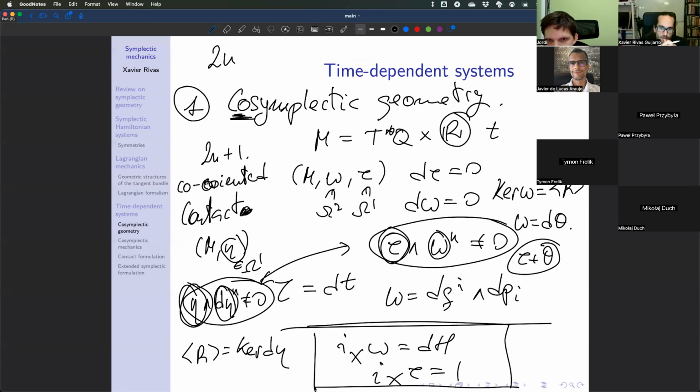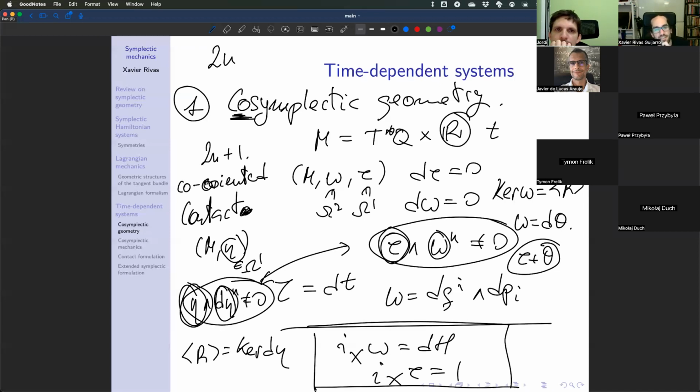This is one of these cases when geometric structures are related, but the formalism is not equivalent. It doesn't matter whether you go from a cosymplectic to a contact or from a contact to a cosymplectic; even if you are able to go from one to the other, the things that are described in one approach cannot be described in an equivalent or similar way in the other approach.